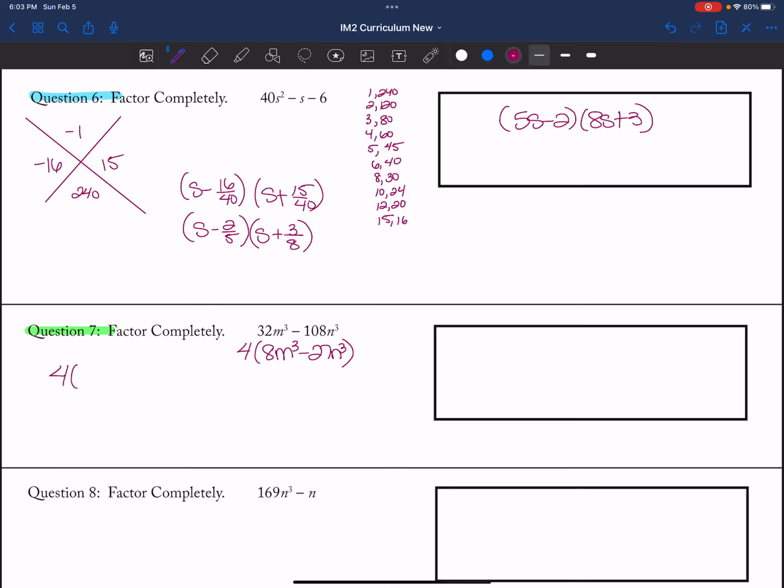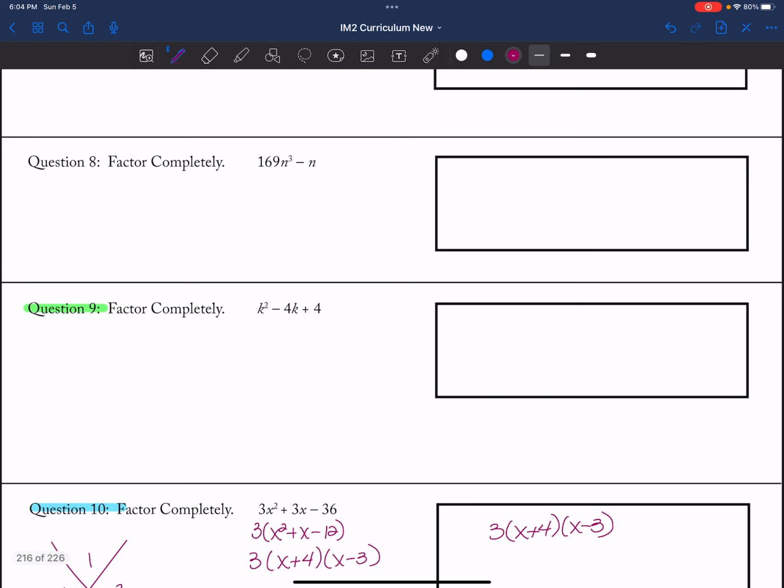So 4 times (2m minus 3n), and then (4m squared plus 2m times 3n plus 9n squared). So 4(2m minus 3n)(4m squared plus 6mn plus 9n squared).